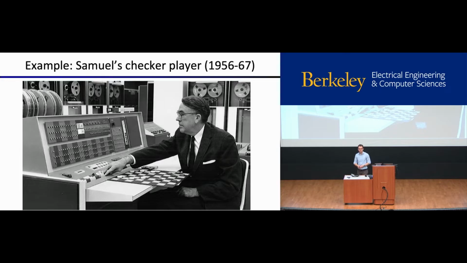Yes, question. Can you talk about how it's slightly different from minimax, like not evaluating all states but only going to a certain extent? Is that similar or is that different? Okay, so the question is, I'm not quite clear on what the question is.